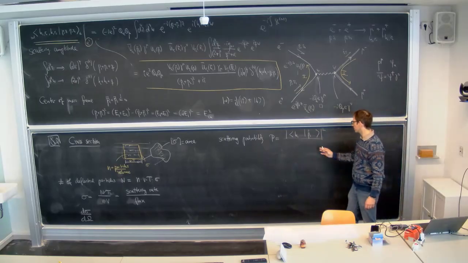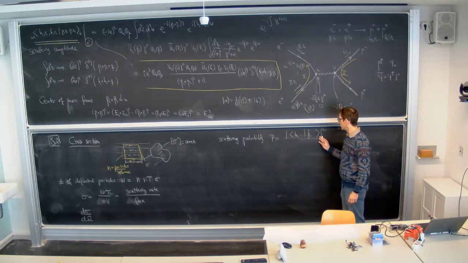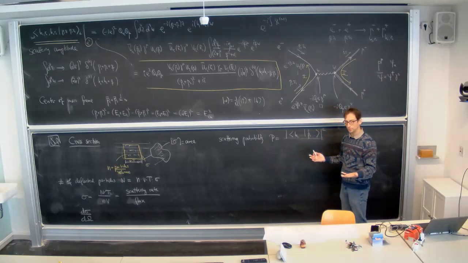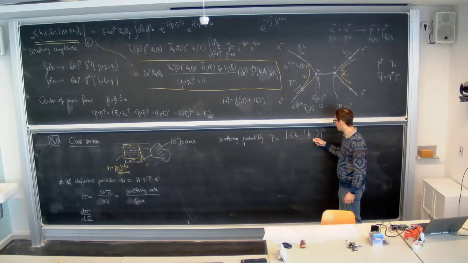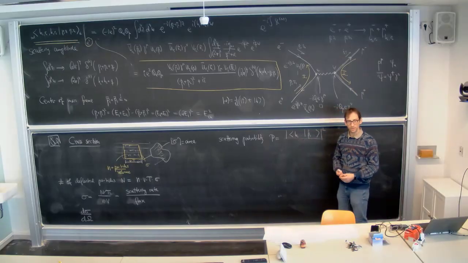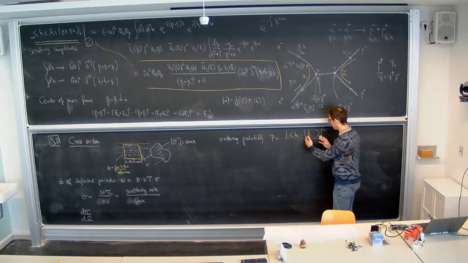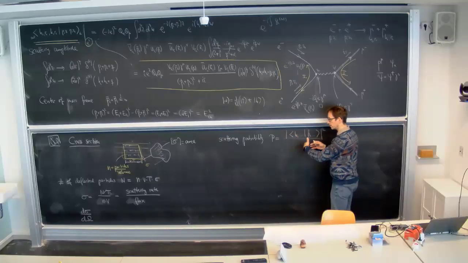Remember quantum mechanics: when is just squaring enough? Exactly. We have to have this properly normalized. So these two states have to be normalized. Then you have this state, you project it on it, and you immediately get the probability.